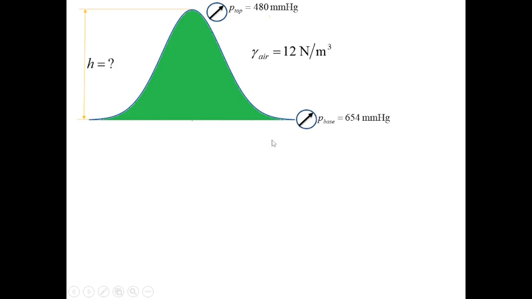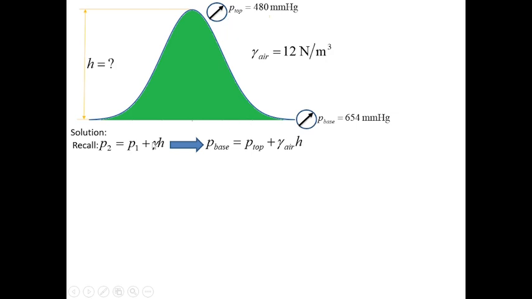So let us solve the problem. Solution to the problem, recall this formula: P2 equals P1 plus unit weight times h. In this case, P2 is the pressure which is higher than P1, and we are expecting that the pressure at the base is higher than the pressure at the top.